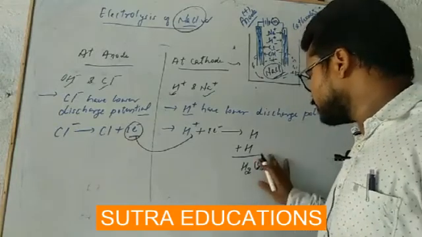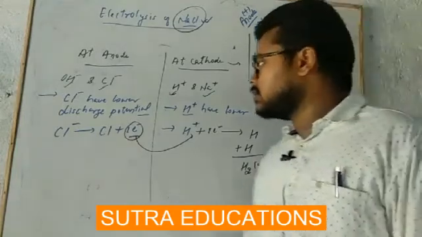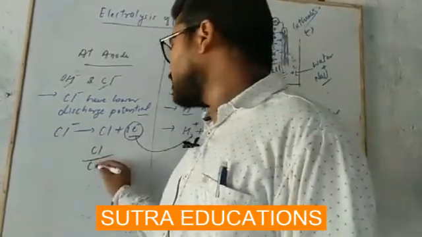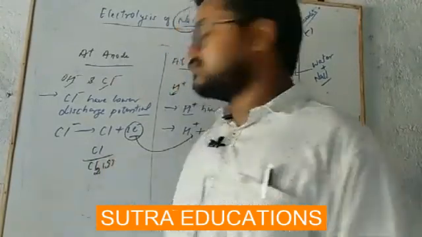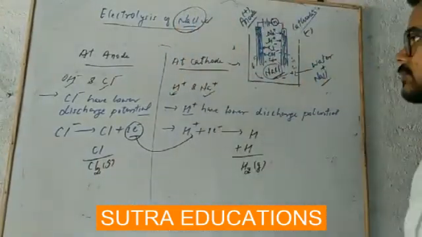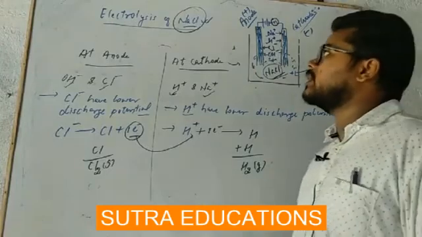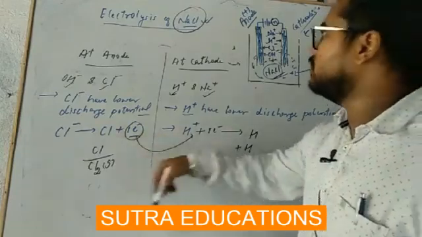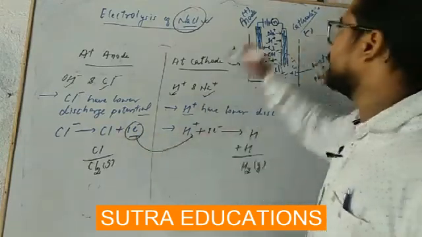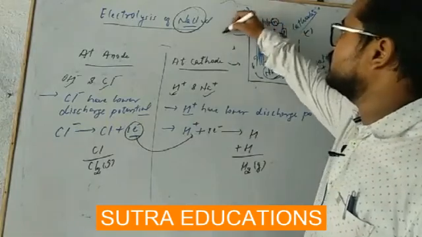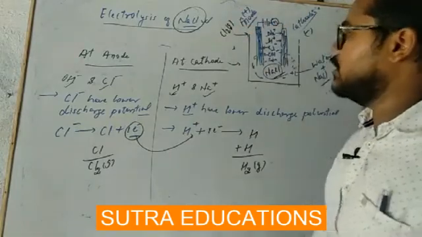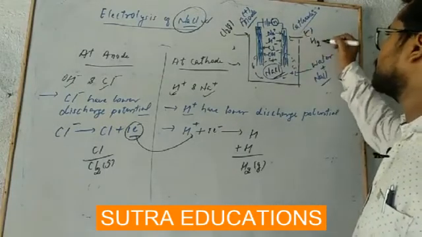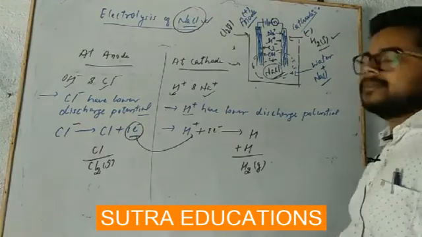And here some more chlorine is being discharged, so Cl plus Cl will become Cl2 gas. So what we can conclude, during electrolysis of NaCl in presence of water, at the anode Cl2 gas is formed, and at the cathode hydrogen gas is formed. Here it is H2 gas. Got it?